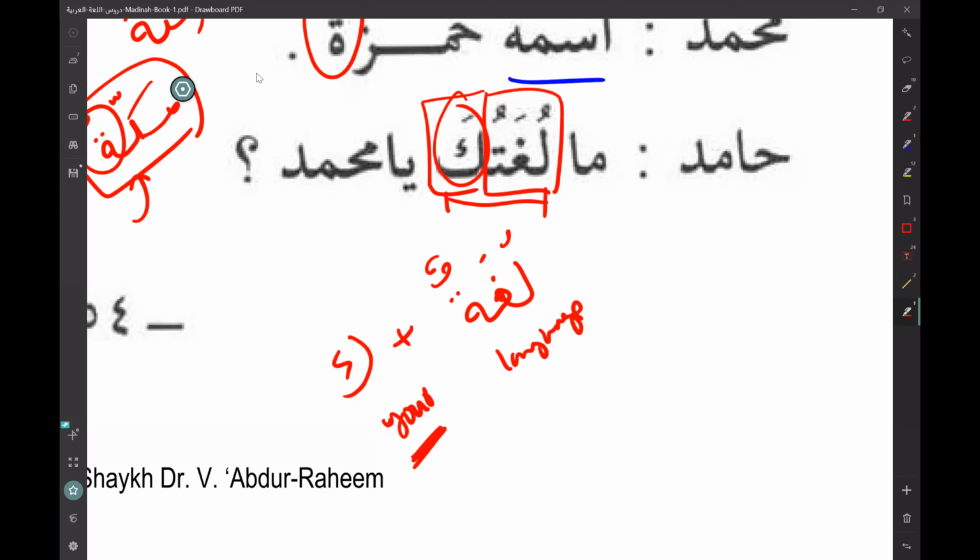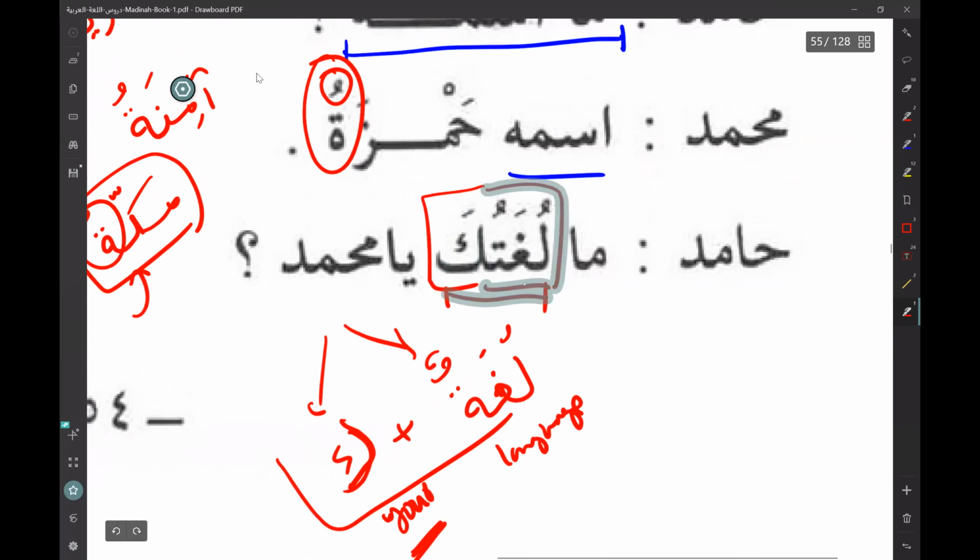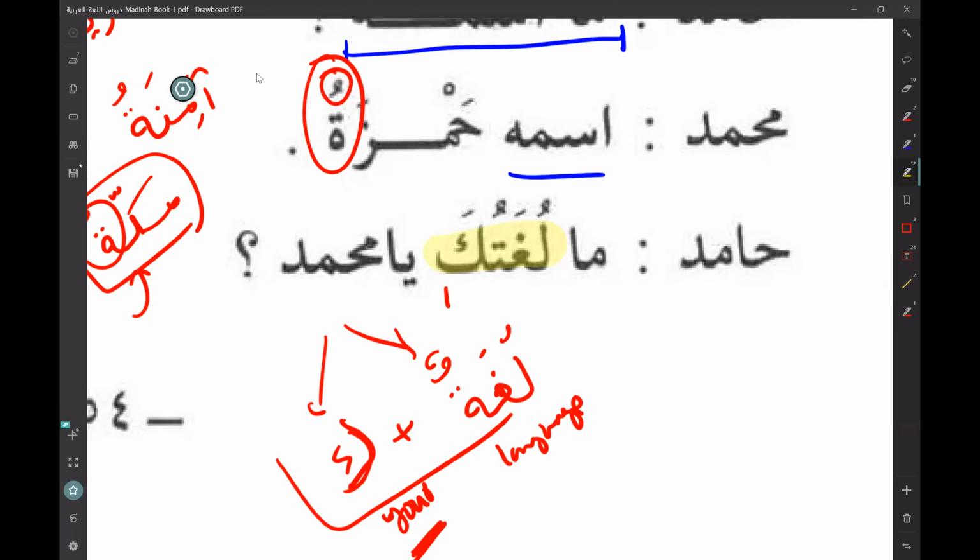It just happens to be connected. That's the only difference. The kaf in Arabic is a word. This is a word, this is a word. They are not saying this whole thing is one word just because it looks like one word. So it's something that you have to really understand, that we still have two different words.